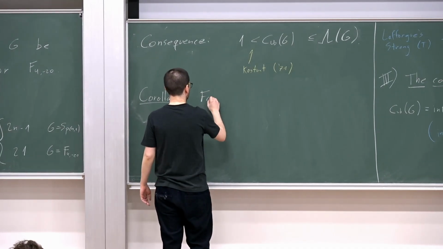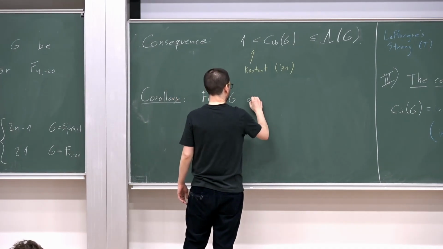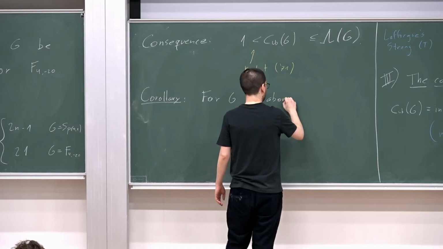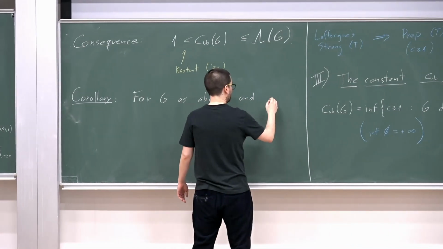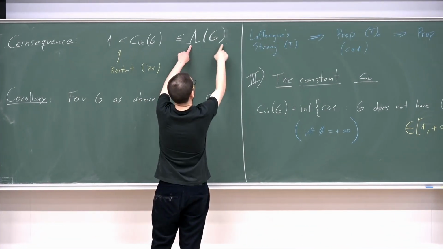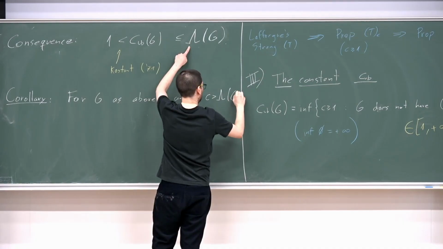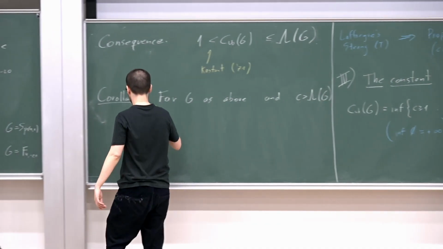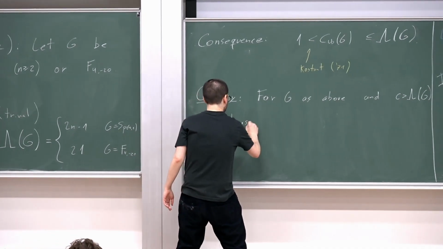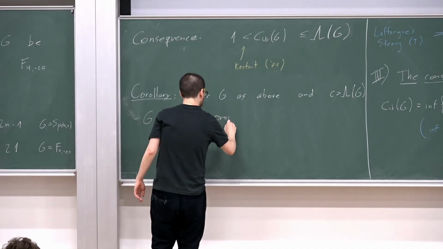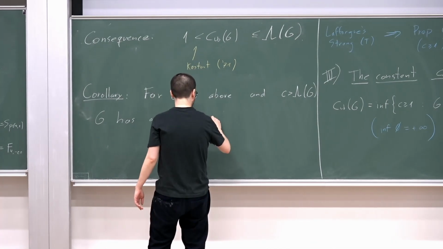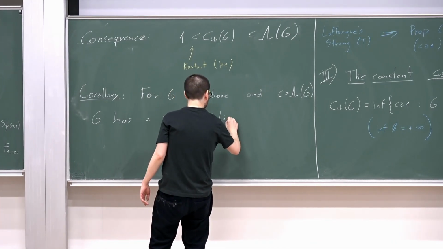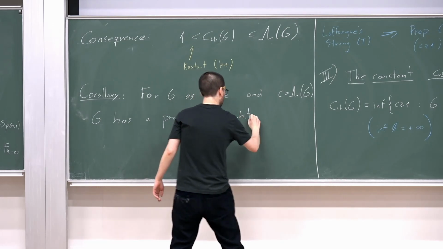So for G as above, and C bigger than this number here, G has a proper C-Lipschitz action on a Hilbert space.